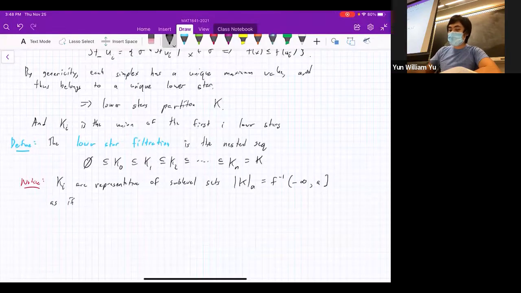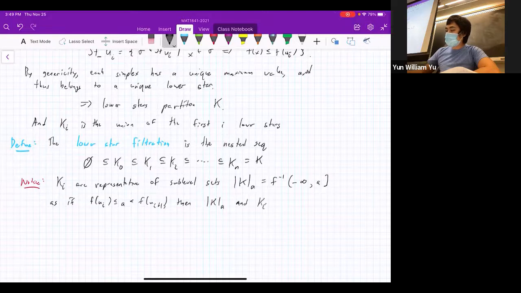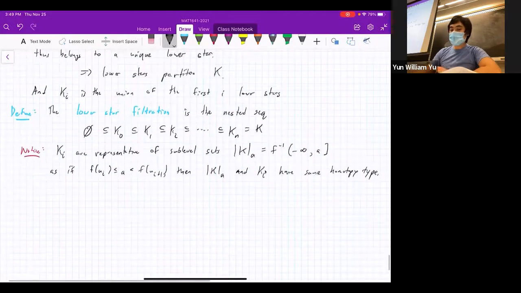This is because, suppose that f of ui is less than or equal to a, which is less than f of ui plus 1. Then the sublevel set and Ki have the same homotopy type. Okay, well, let me draw that out a little bit more. So let's suppose we had some simplicial complex.